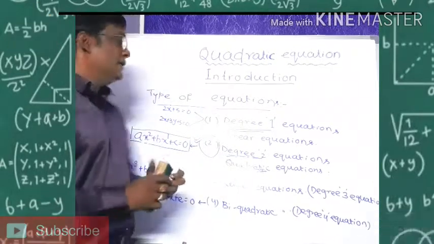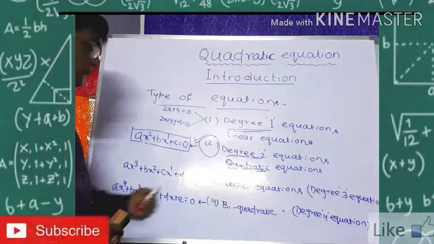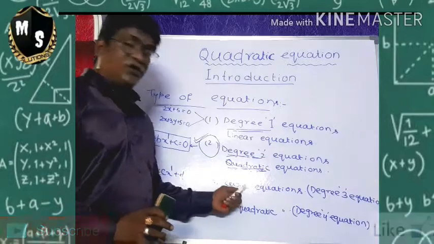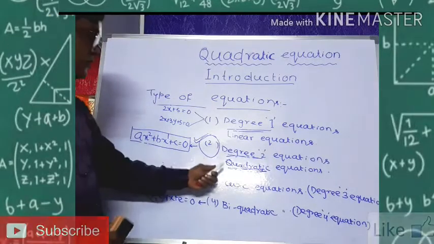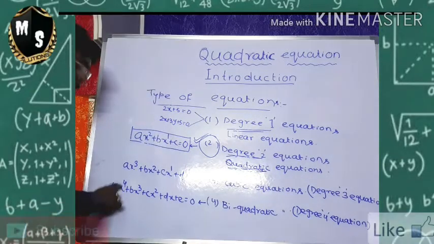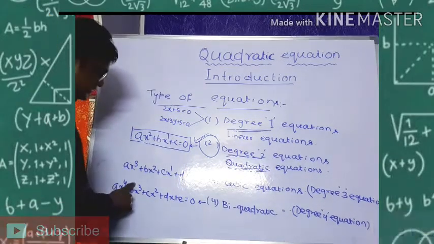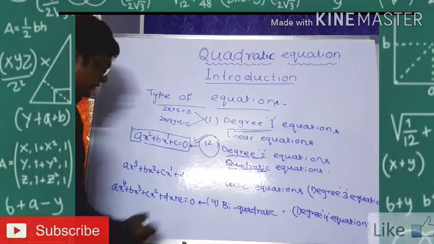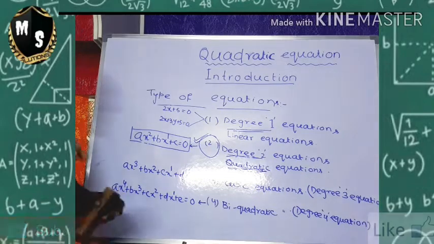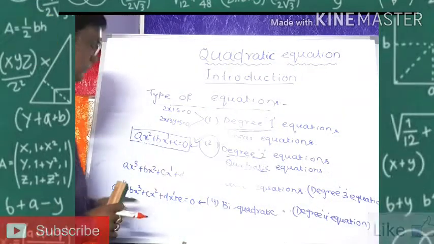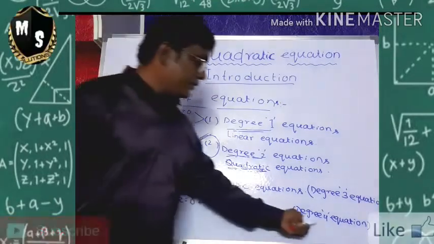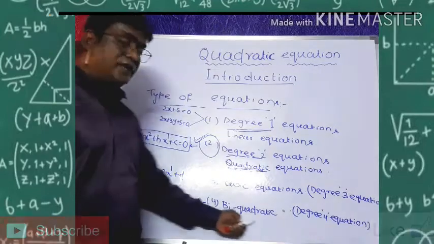Like that, if equations belong to these formats, they are called degree 2, degree 3 or degree 4 equations: quadratic, cubic or biquadratic. Now you see x to the power 4, x to the power 3, x to the power 2 and x to the power 1 are there. Now 4 is to be considered, because the highest degree is considered. So due to this 4, the variable degree is 4, and it is called a degree 4 equation or biquadratic equation.